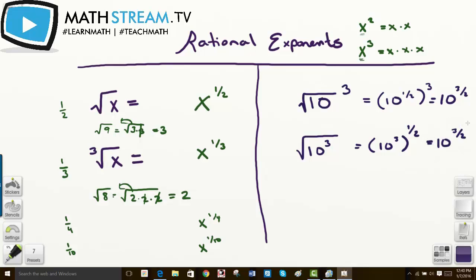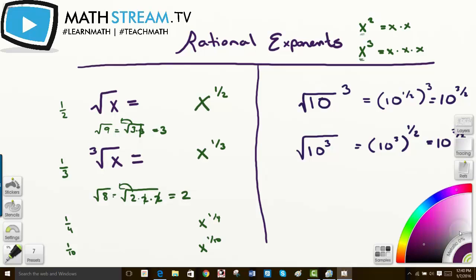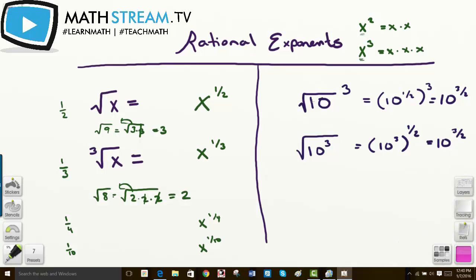So here we see that a rational exponent, let me use a different color, make it a little brighter. The power here is 3 in both cases. The root in both cases is a square root, so it's 1/2. And so in my final answer, the top number is indicating what the power is, the bottom number is indicating what the root is. Top is the power, 3, bottom is the root, square root.